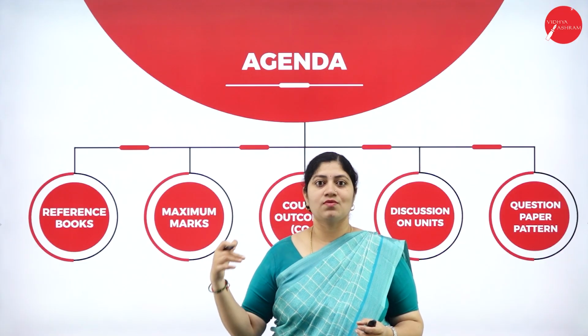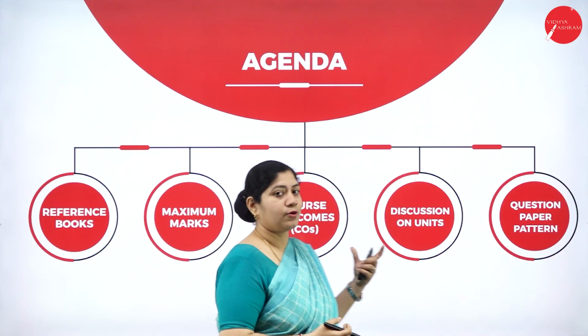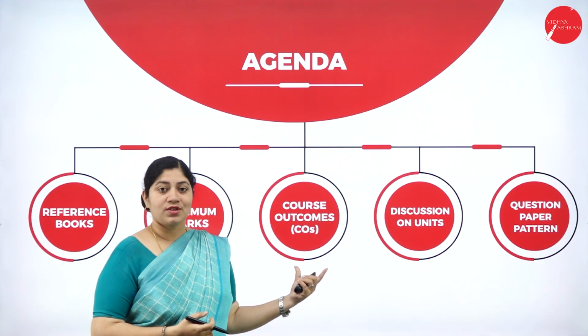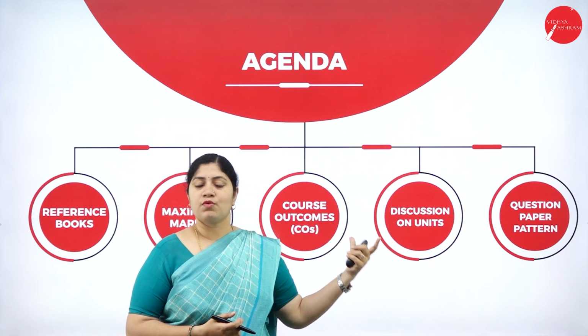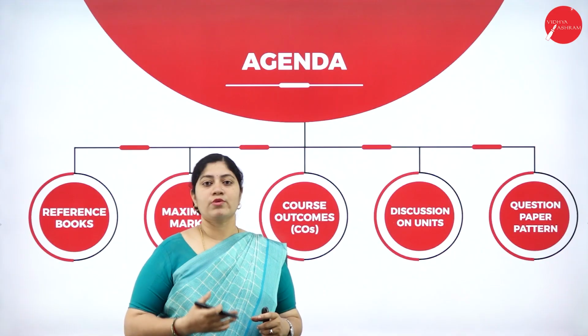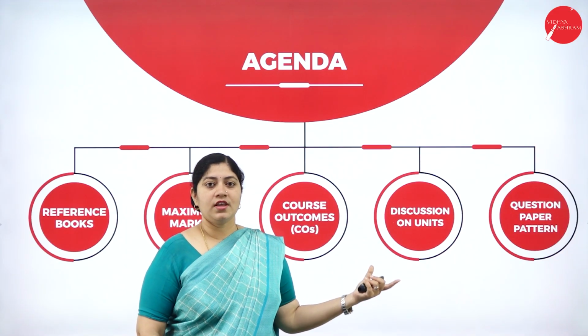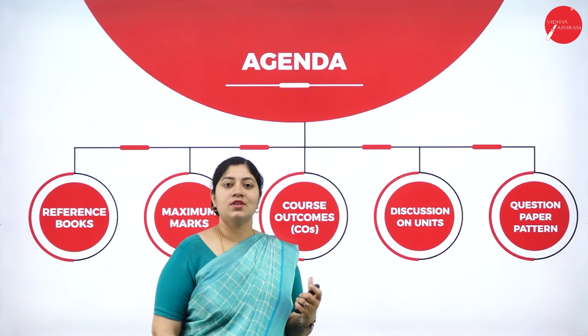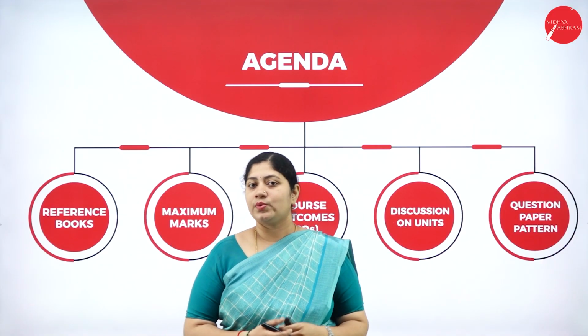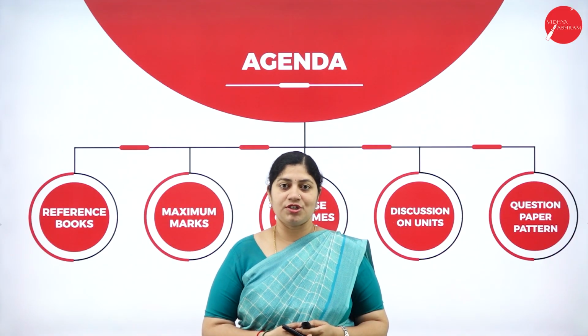So all these things will be understood under our course outcome. Up next, we will be discussing the content of different units, what is the number of units and what is included in those units. Finally, we will be discussing the question paper pattern, also the internals. So this is the agenda of today's session.